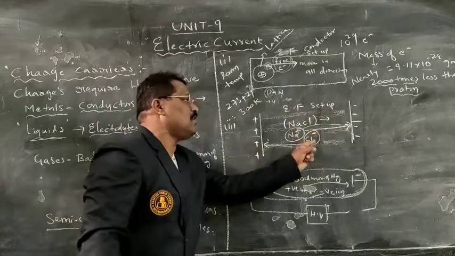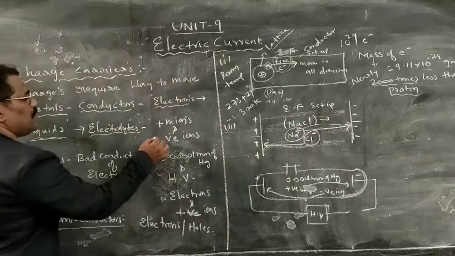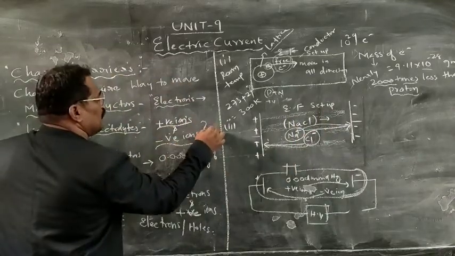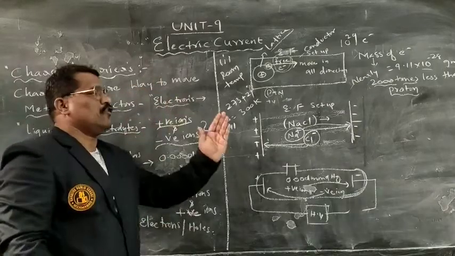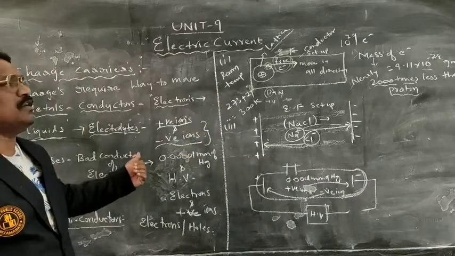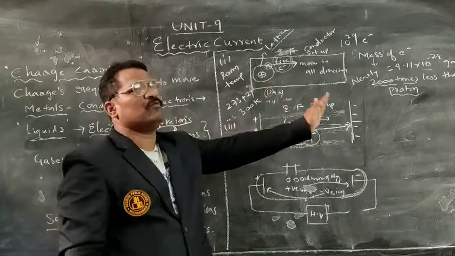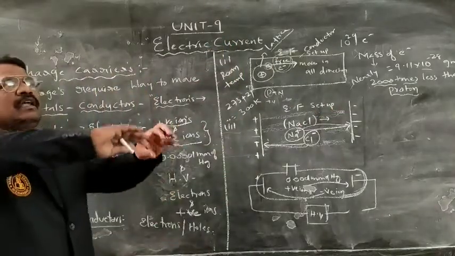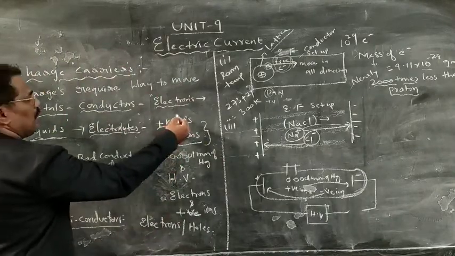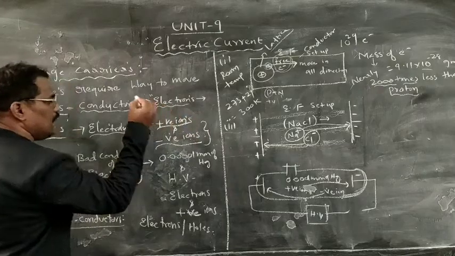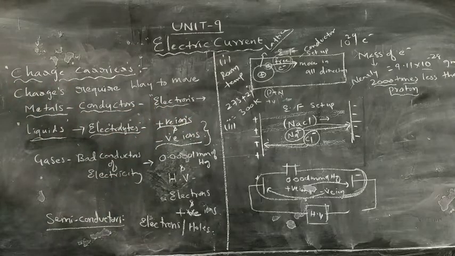Therefore, motion of ions takes place. In that way, the motion of charges takes place based upon ions, positive ions as well as negative ions.